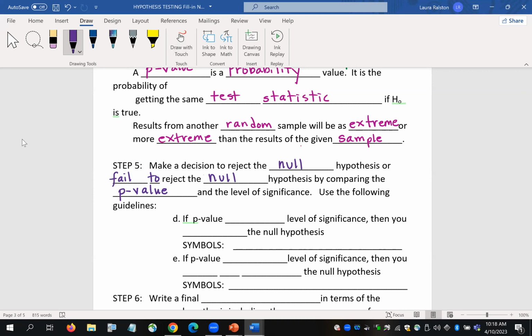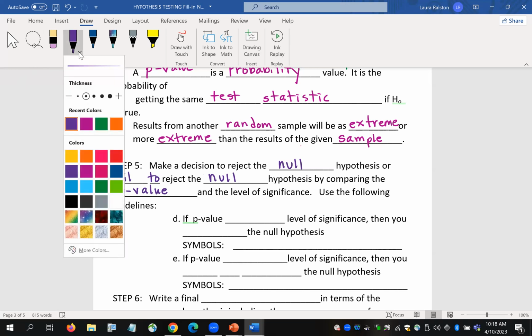Remember, the p-value is the probability that we would get that same test statistic over and over again. We would get the same results with different juries. And we compare that to the level of significance, which is the probability that we're wrong.